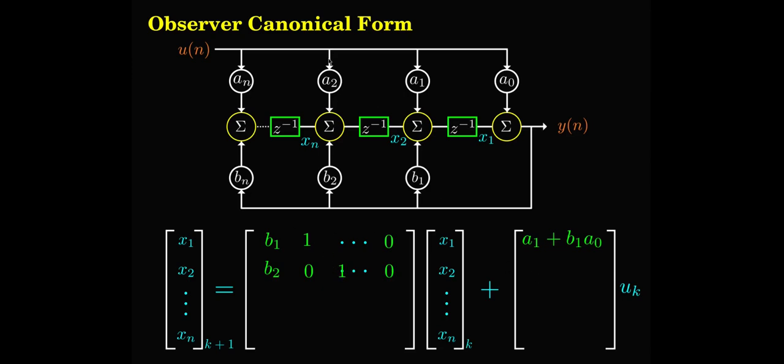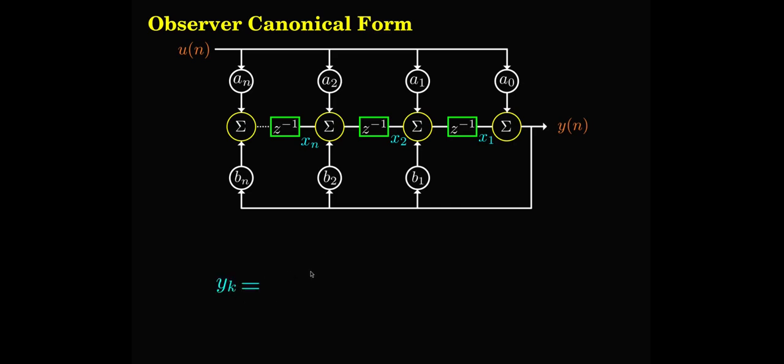And the input is a2. This comes in here, and through this b2. That also gets, so a2 plus b2 a0, that also gets added up. So like that, you can get the state equation for the observer canonical form in this fashion.